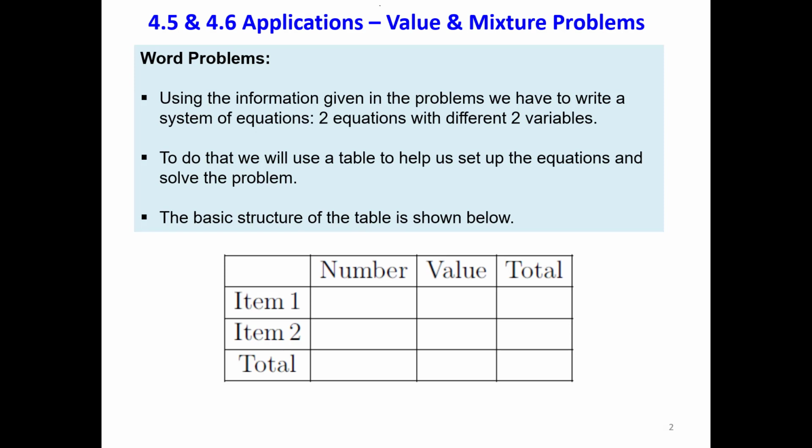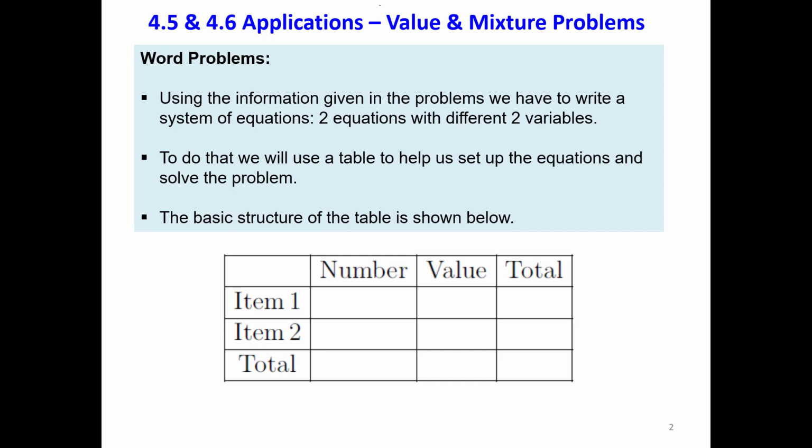In the previous sections, we learned how to solve the system of equations. That means if we had two equations with two variables, then we can solve the system by the graphical method, by the substitution method, or the addition elimination method.